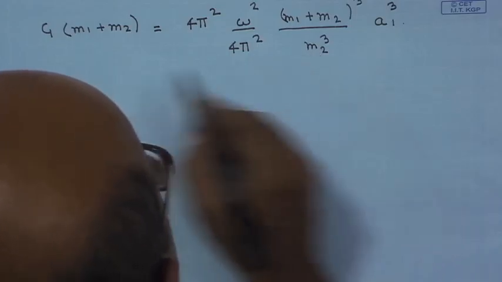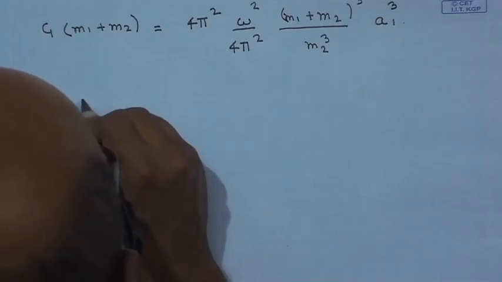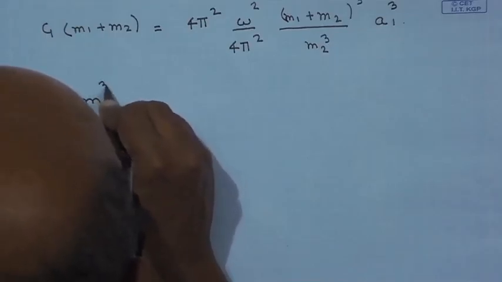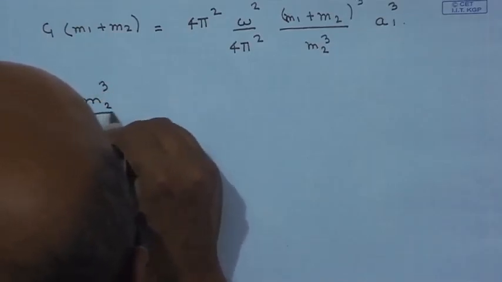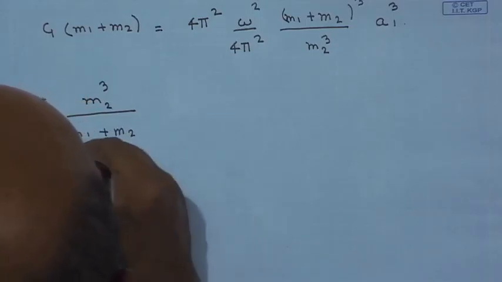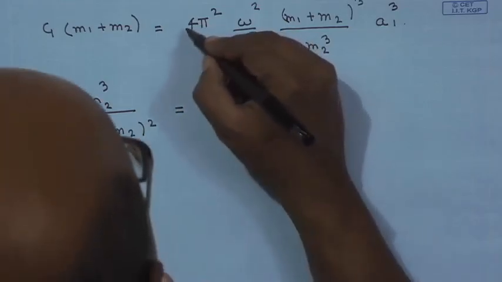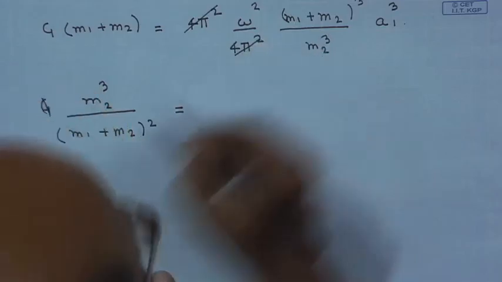We will take all the factors of M onto the left hand side. So, what we have is M2 cubed by (M1 plus M2) squared is equal to, these two factors cancel out.